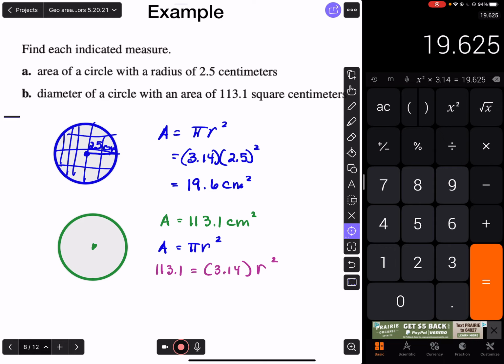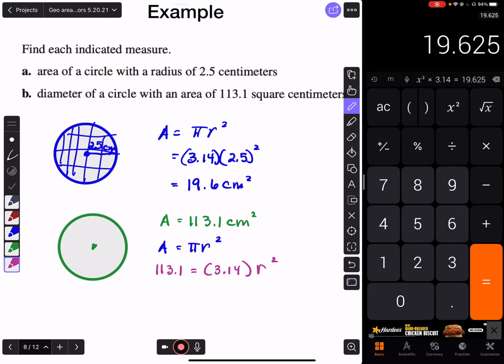Now when you go to solve this, identify what kind of equation it is. This is quadratic. This is an r squared equation. We could get it equal to 0 and try to factor it. There's no sense in doing that though, because there's no r to the first power. Remember, standard form is ax squared plus bx plus c. All we have is the x squared or r squared term. So we're going to isolate the r squared.